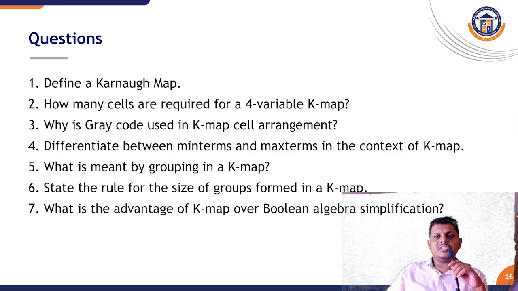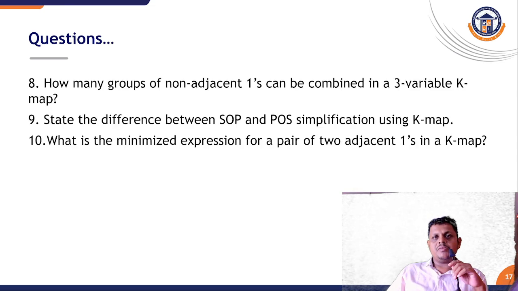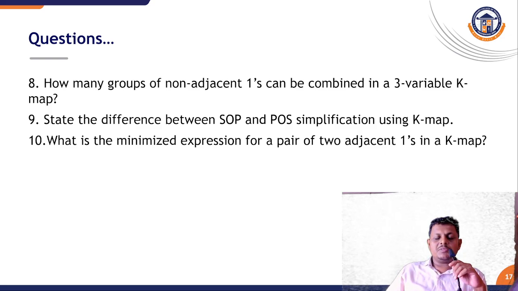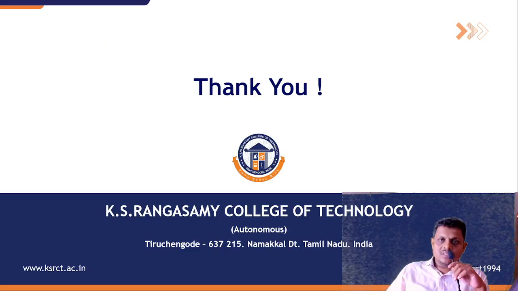What are the advantages of K-map over Boolean algebra simplifications? How many groups of non-adjacent ones can be combined in a 3 variable K-map? State the difference between SOP and POS simplification using K-map. What is the minimized expression for a pair of 2 adjacent ones in a K-map? Hope you are all understanding. Practice these questions. Thank you.